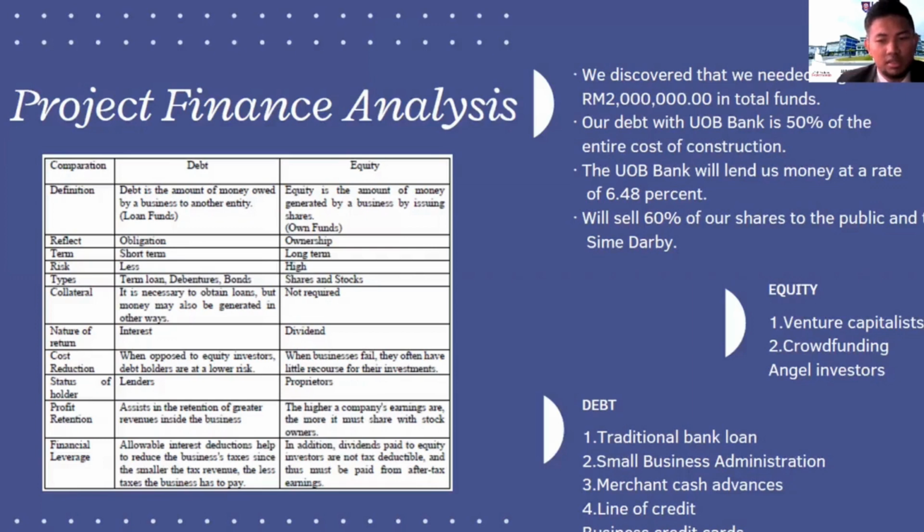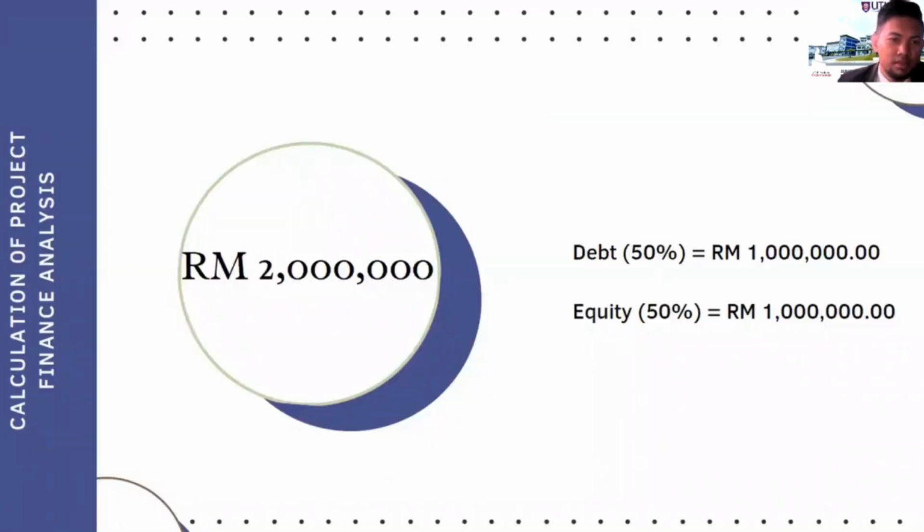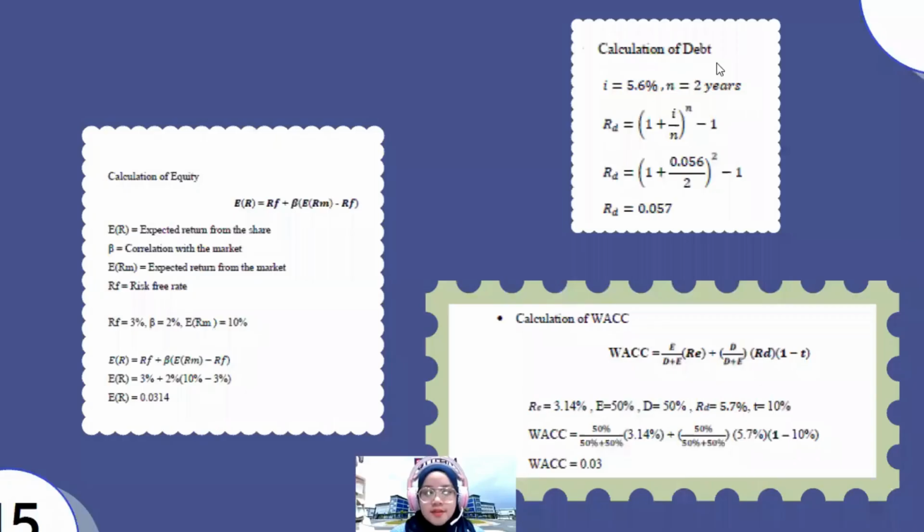Next, merchant cash advance, and the last one is a line of credit, business or credit card. For the calculation of project finance, we have to make it equal regarding the sources we already have. So around 50% we are using for debt and around 50% for equity.